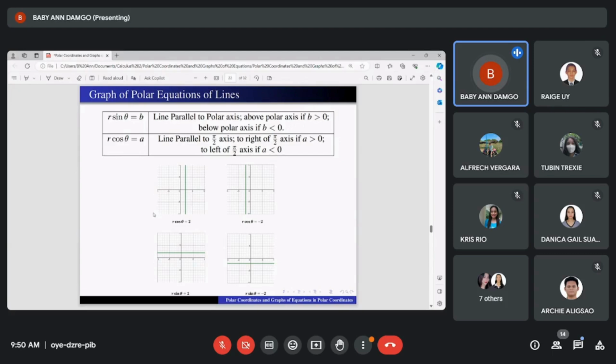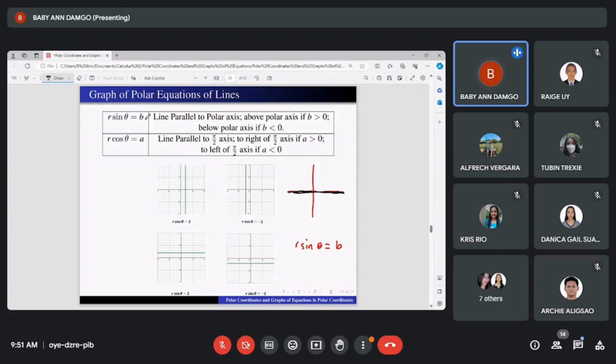So the polar axis, if we have it here, the polar axis is this. If you are in rectangular, that would be the x-axis. Okay? So if the equation is r sine theta, its graph is parallel to the polar axis. Okay?